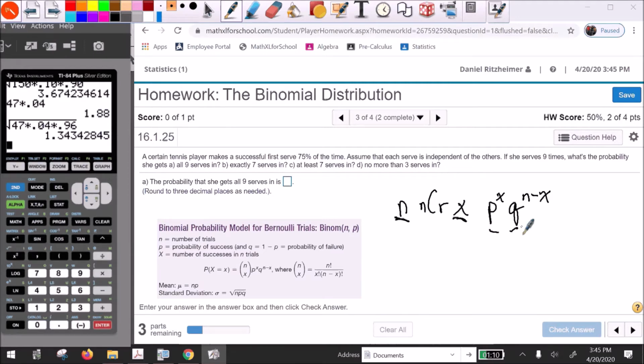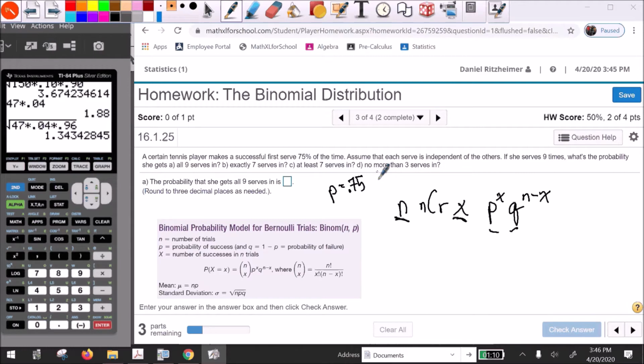So, in this situation, a certain tennis player makes a successful first serve 75% of the time. So, our p is 75%. Assume that each serve is independent of the others. If she serves 9 times, what's the probability that she gets all 9 serves in, exactly 7 serves in, at least 7 serves in, and no more than 3 serves in?